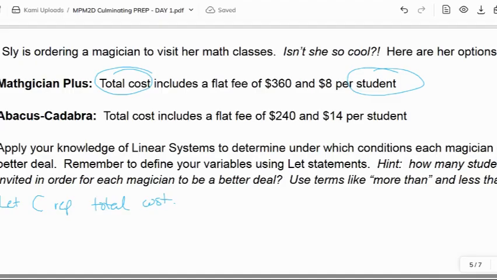How smart they are? No, we want to know, let N represent the number of students. So "number of" is important. You could call it S, but you have to say let the variable represent the number of students. This "number of" is critical.